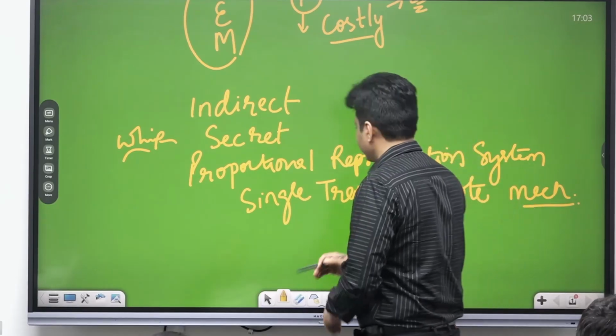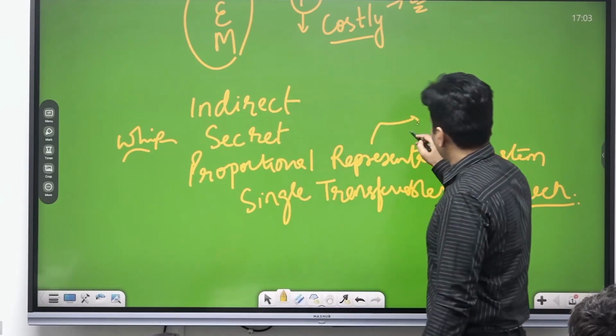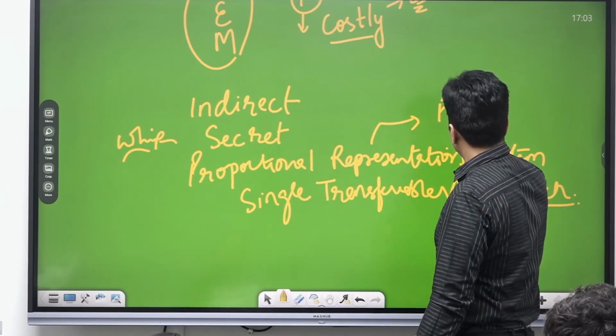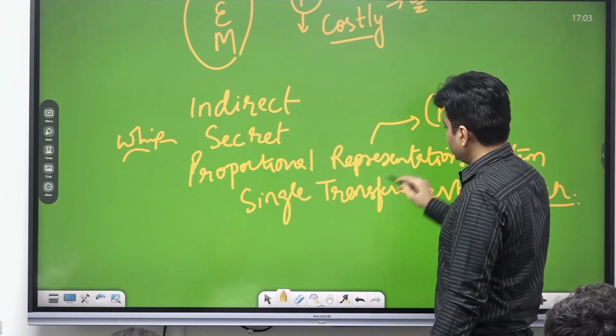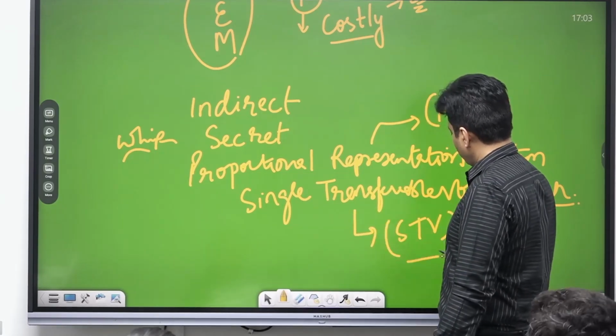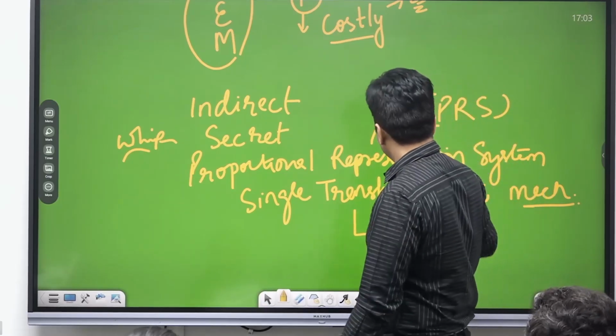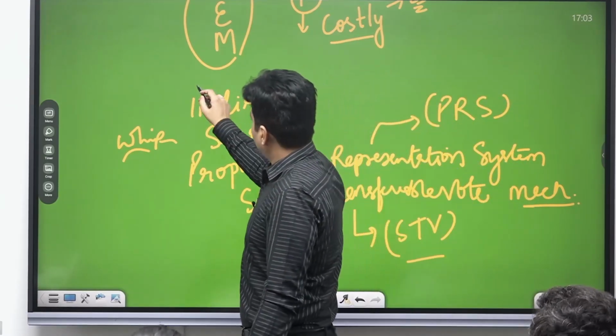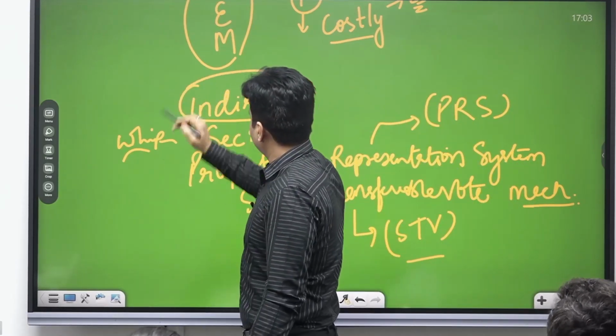I have written it in short. So in short, I can write it as PRS, and this I can write as STV. Now, one by one, we can take up this system.